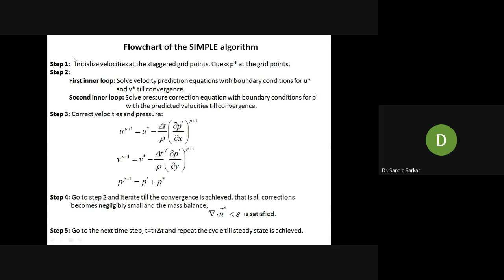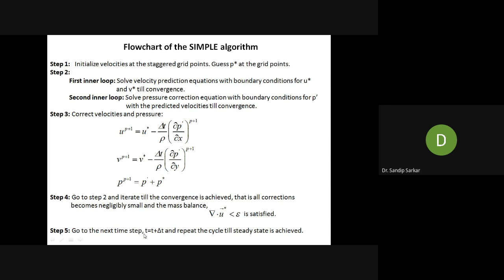You substitute U star equal to U P plus 1, V star equal to V P plus 1, and P star equal to P plus 1, and again perform these calculations. And again you check whether the divergence of U star is less than or equal to epsilon or not. If it is satisfied, then you proceed to the next time step.